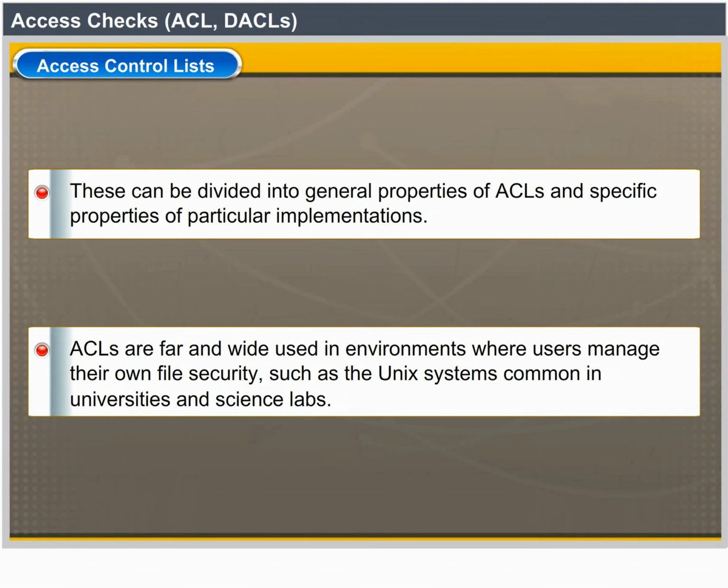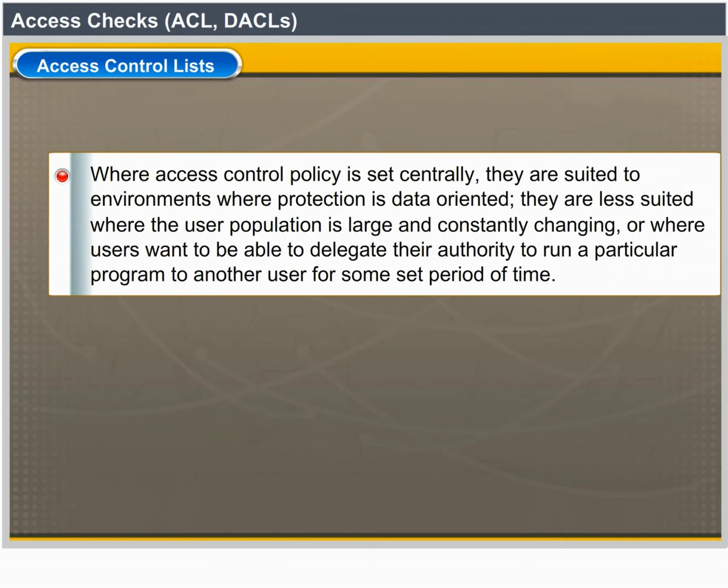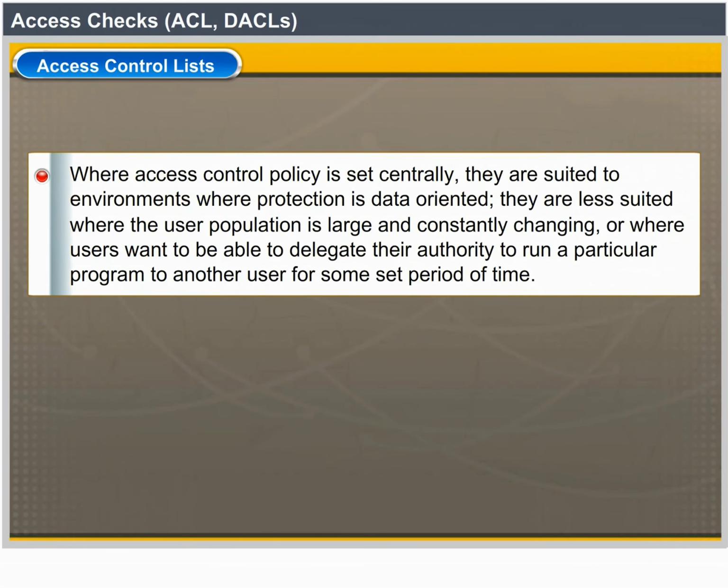ACLs are widely used in environments where users manage their own file security, such as the Unix systems common in universities and science labs. Where access control policy is set centrally, they are suited to environments where protection is data-oriented.